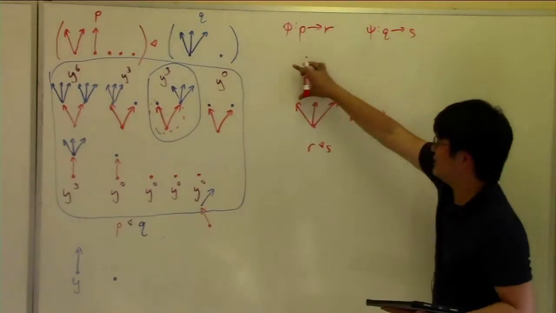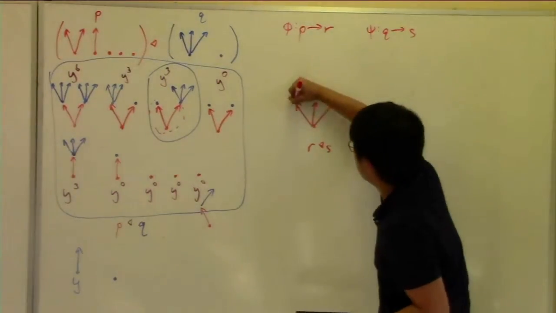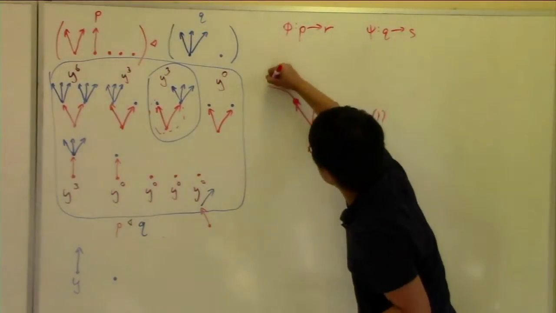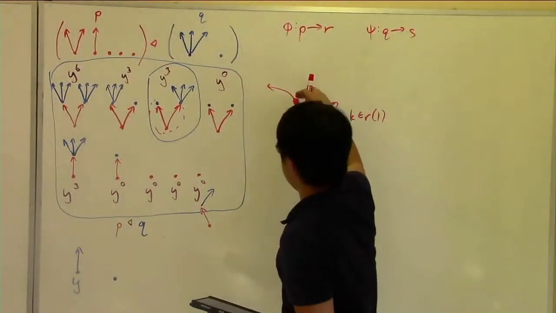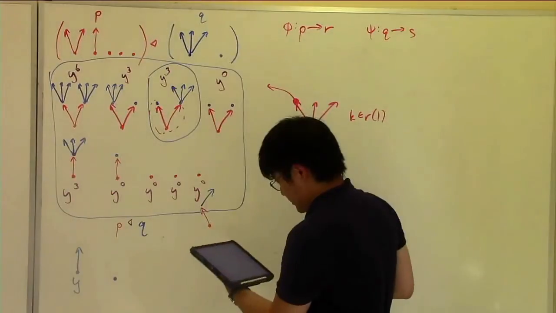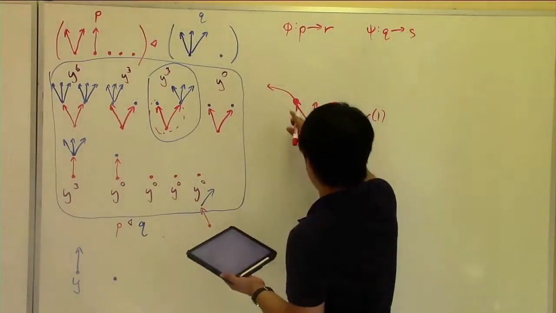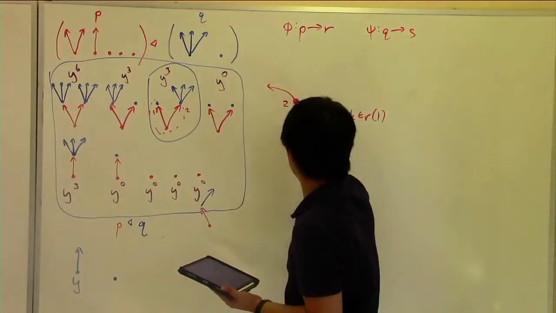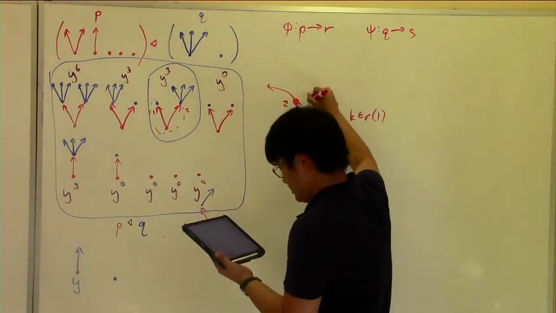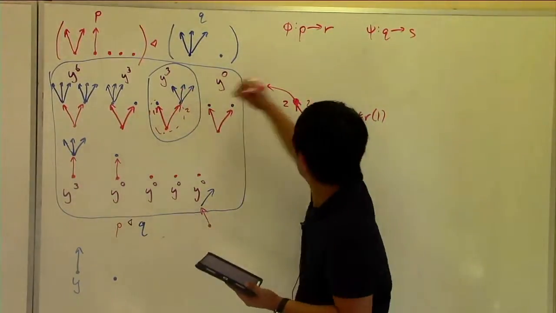So how do we find each of these positions? Well, we take one of these, and then we go backwards along phi sharp to figure out where each of these directions takes us to. So let's call these 1 and 2. Let's say this takes us to 2, this takes us to 2, and this takes us to 1.